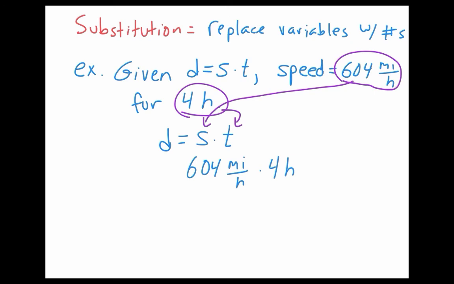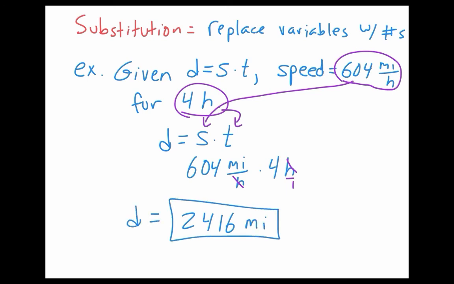But one advantage of doing it this way is, once I get my number of 2,416, what happens to my units? I have miles per hour times hours. Could even look at it as hours over 1. I end up with hours in the numerator and hours in the denominator, so they can cancel, leaving us with miles. Which makes sense for a distance. If you're talking about how far the plane goes, miles would be the only units in that problem that would make sense. Fair enough? Mm-hmm.